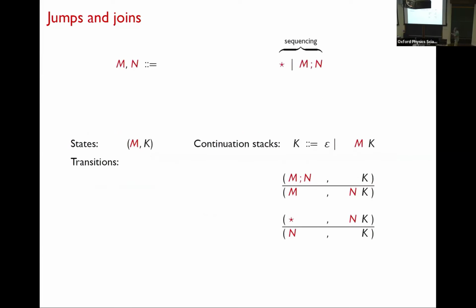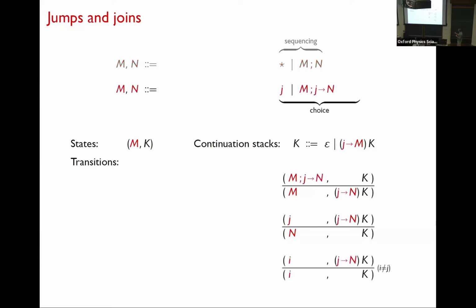Okay. In isolation, the generalization on the machine looks like this. We had our sequencing implemented as pushing onto the continuation stack and popping from the continuation stack. And now this becomes conditional. So continuation stacks become stacks of conditional terms.